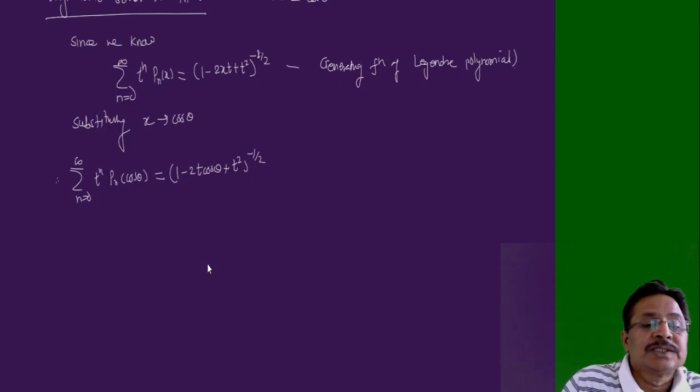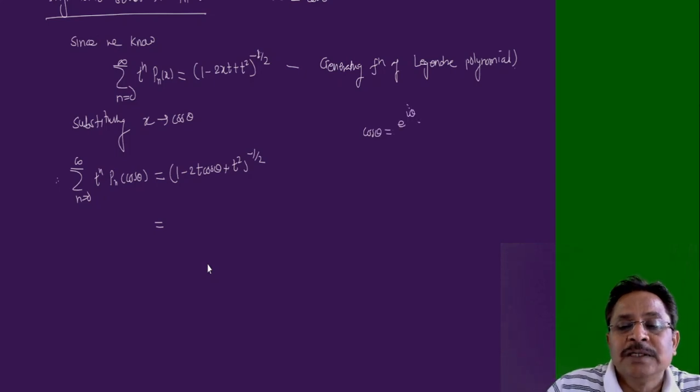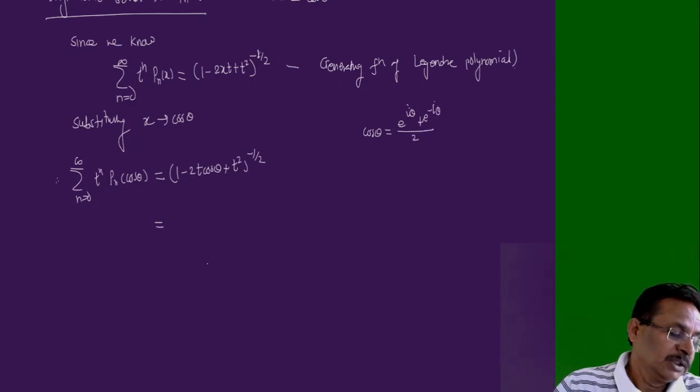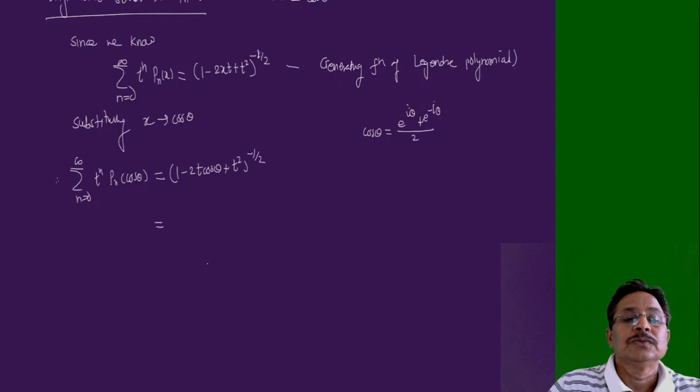So let's solve this. Now I am replacing this cos theta exponentially, it is given by (e raised to i theta plus e raised to minus i theta) upon 2, isn't it? So this can be done here.